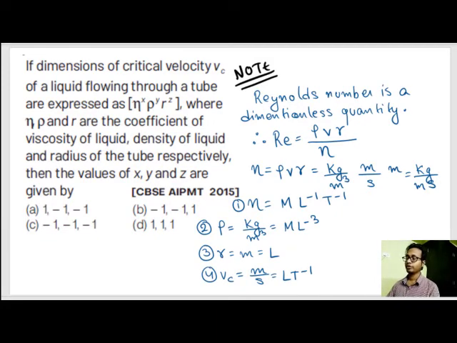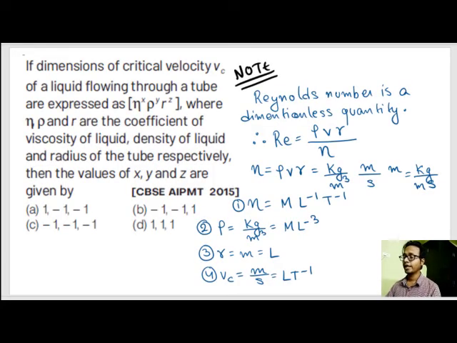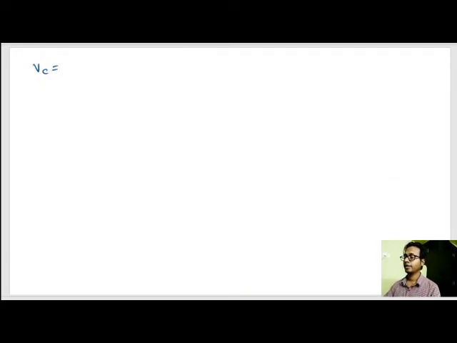So the question is given: critical velocity is equal to eta to the power x, rho to the power y, and r to the power z.